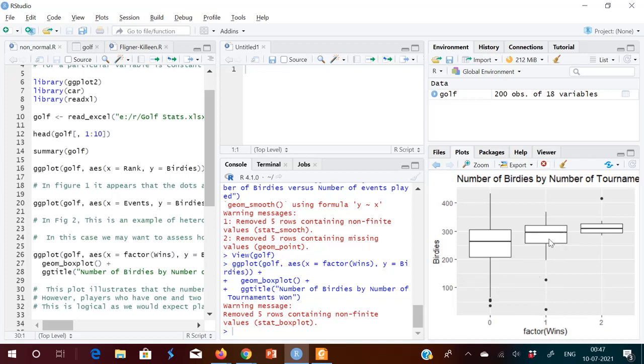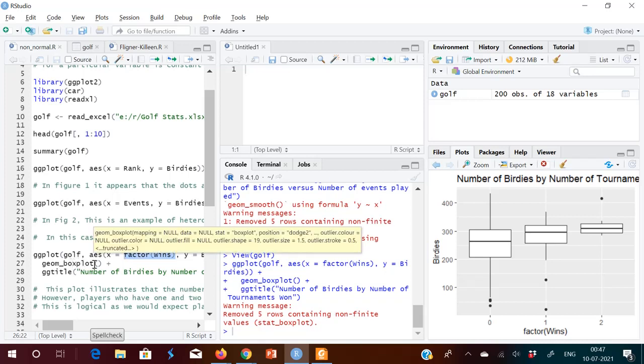I used factor to make the different levels, so there are levels 0, 1 and 2. The box plot is based on the levels, so that's why the factor command came. The y-axis is birdies, and instead of geom_point, you give geom_boxplot, so it came as a box plot.